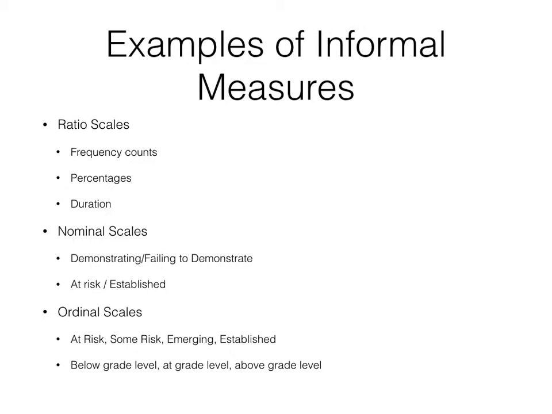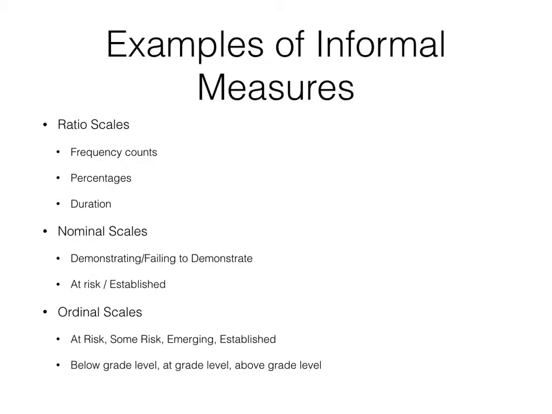Some examples of informal measures that would be considered ordinal scales would be classifying a child's skills or a child's achievement as being at risk, having some risk, emerging, established. So we do this sometimes when we classify curriculum-based measurement scores, or we talk about the child having below, at, or above grade level achievement.